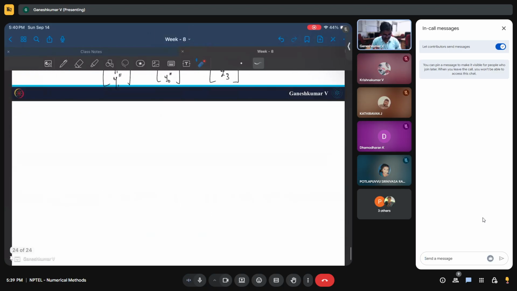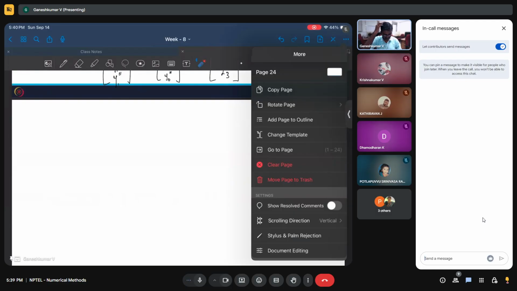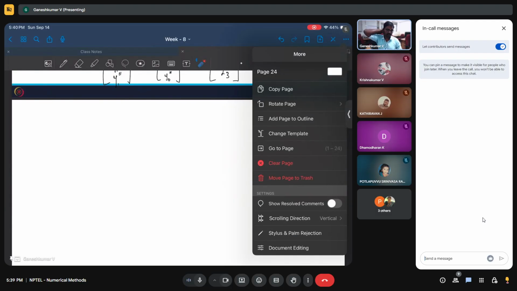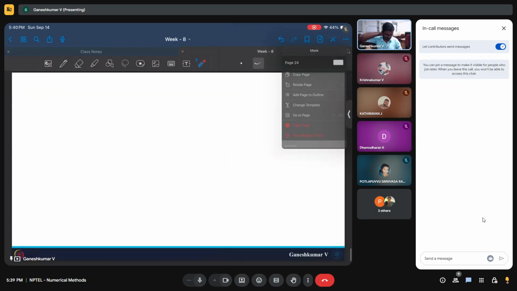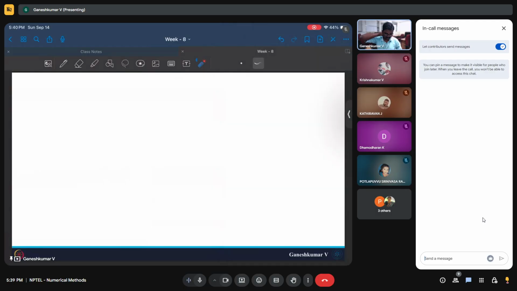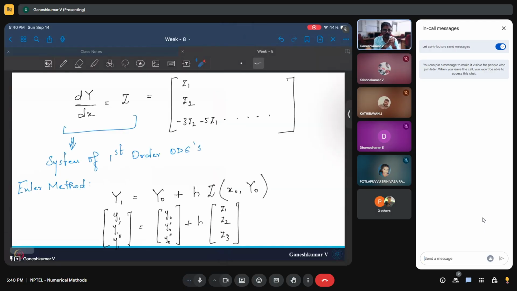So these kinds of systems you will see, for example, when you are doing some combustion calculations. You will be asked to find the chemical species, how they are getting produced, how they are getting destructed, all these things. Every species will have its own ODEs. So now these are coupled systems. For example, z3 is a function of z1, z2, and x, which means this is coupled with z1 and z2.